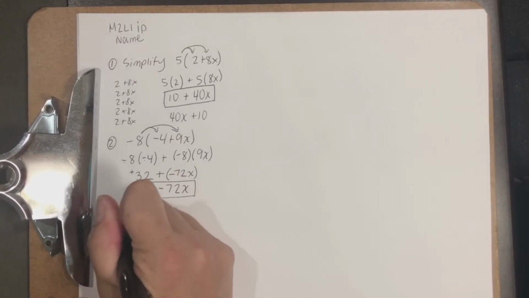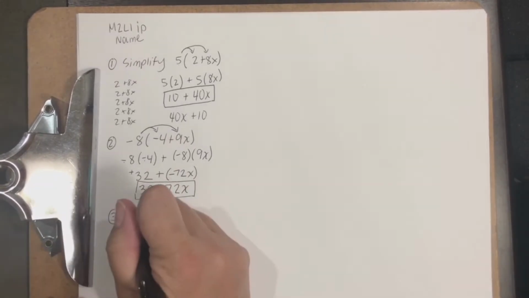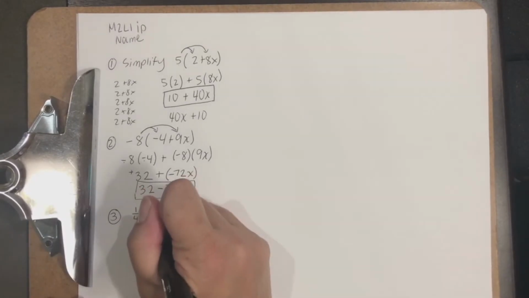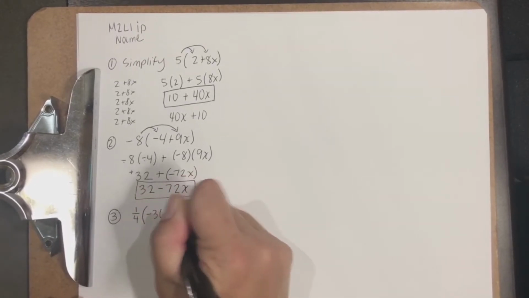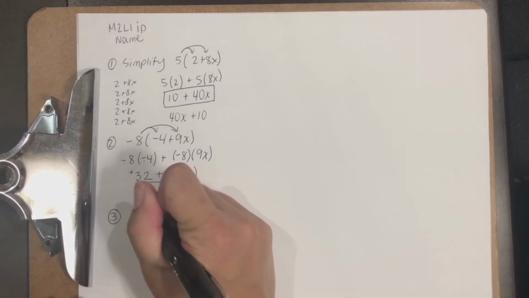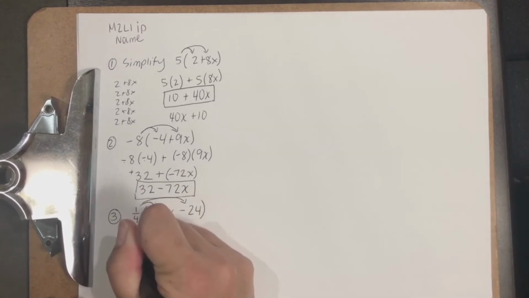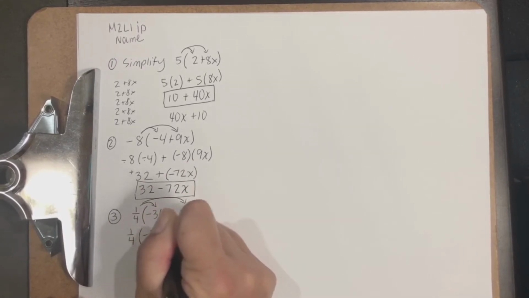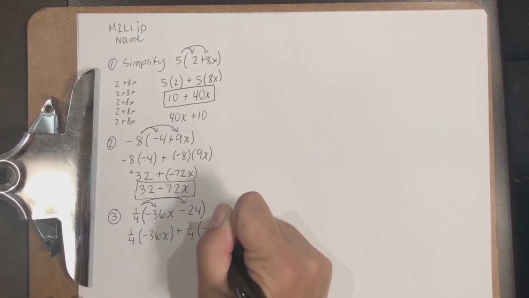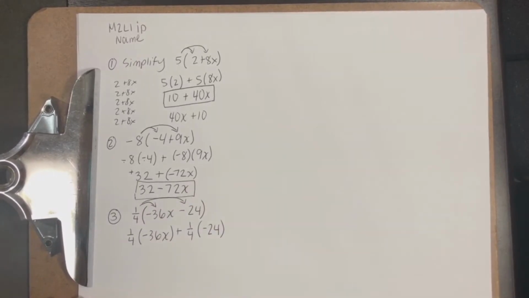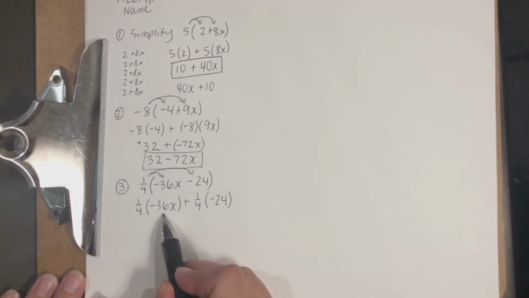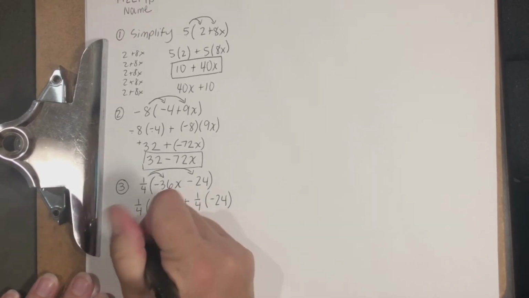Number 3, simplify. 1/4, parentheses, negative 36x minus 24. We're going to distribute. 1/4 times negative 36x plus 1/4 times negative 24. 1/4 times negative 36 times x.